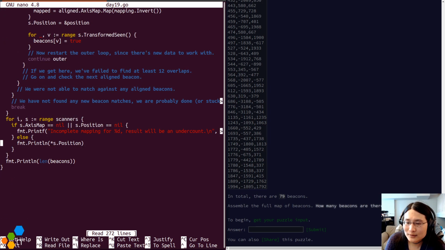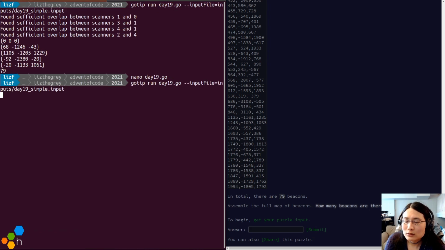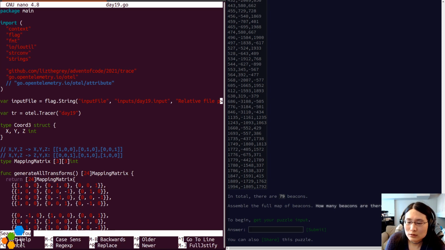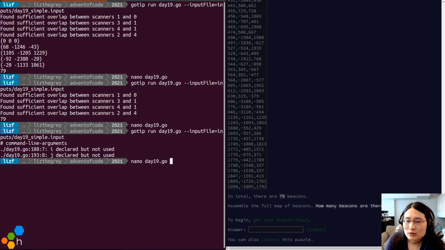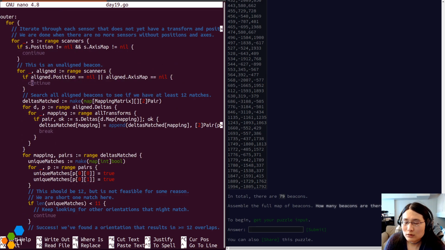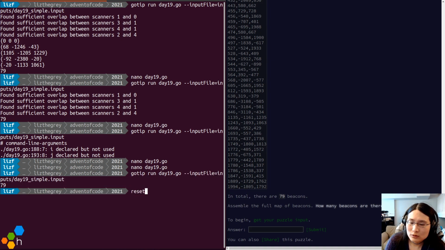Let's remove this excess print now. Oh, whoops. All right. Right.